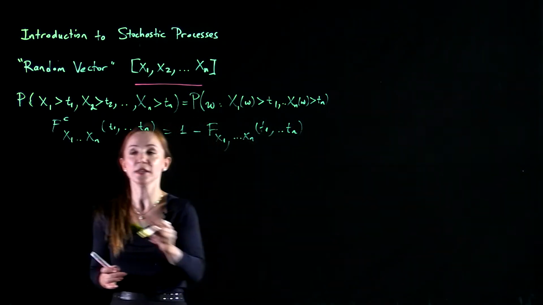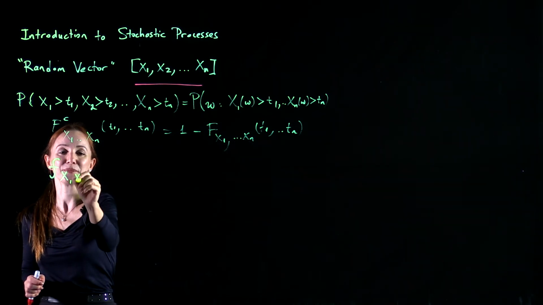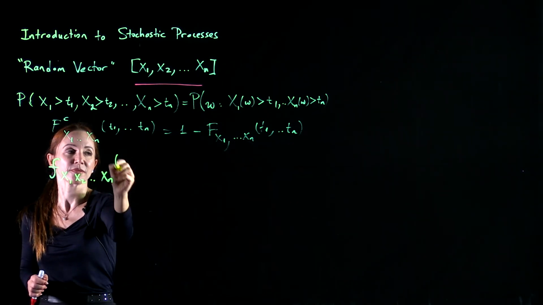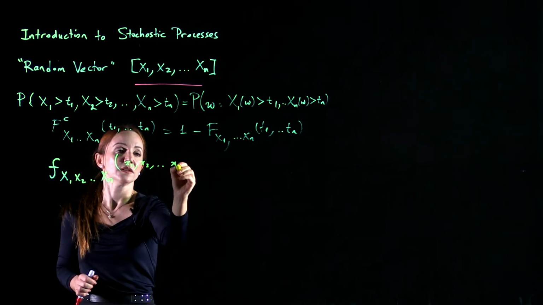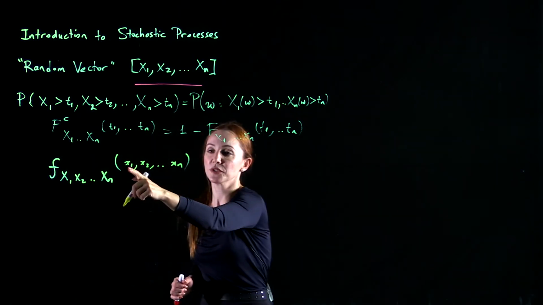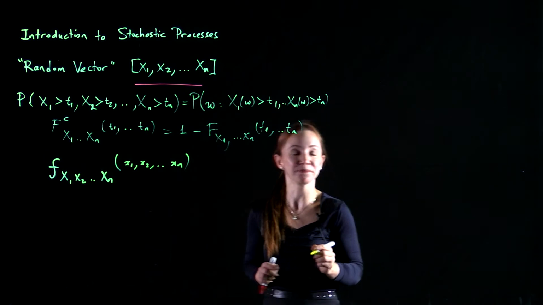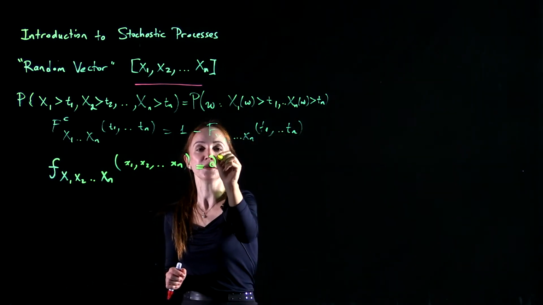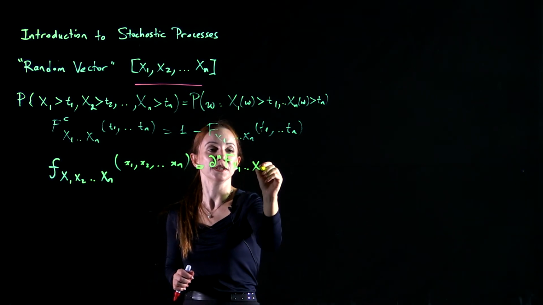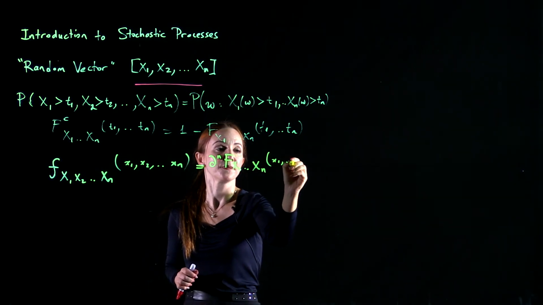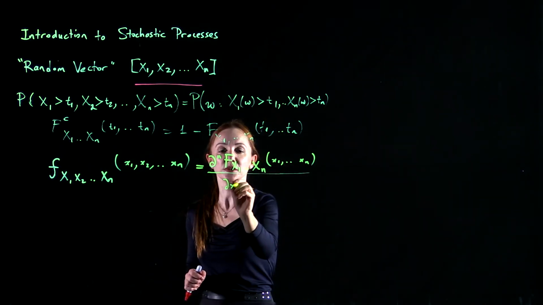So we would define the joint PDF as a function of variables x1 through xn as the nth derivative of the CDF with respect to all these variables.